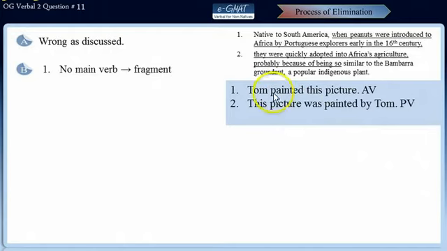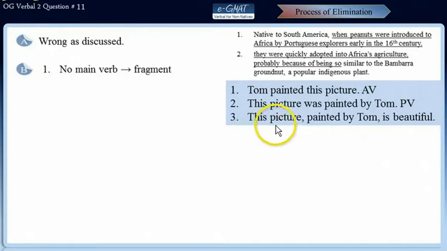Again, the very same thing when we write in passive voice, it reads this picture was painted by Tom. Here painted is now preceded by a helping verb to turn this active voice into passive voice, and again was painted here denotes an action done by Tom. So in both the sentences, Tom is the doer of the action, right? Now let's take a look at sentence 3.